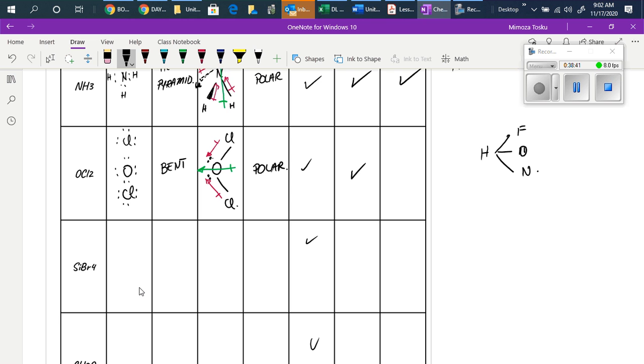So we have silicon tetrabromide, and the Lewis dot diagram will be silicon being the central atom with 8 electrons in the surrounding, and then we'll have 4 bromines that have 8 electrons in the surrounding.